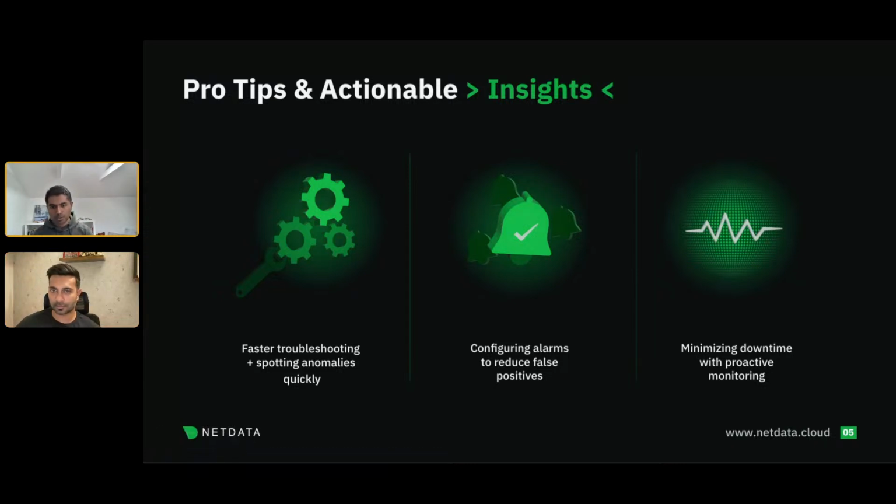We showed how to configure an alarm, and if you want to reduce false positives, you can always configure or fine tune the thresholds. So if you see that a particular alert is being triggered very often, but it's not a critical situation for you, you can either silence it, or you can configure the threshold to be at what you would consider a critical value.